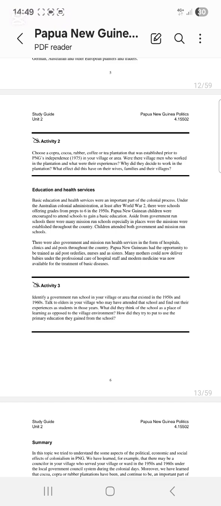In 1884, Papua and New Guinea was not Papua and New Guinea. We were living in tribal and ethnic divisions, boundaries, scattered all over the place.